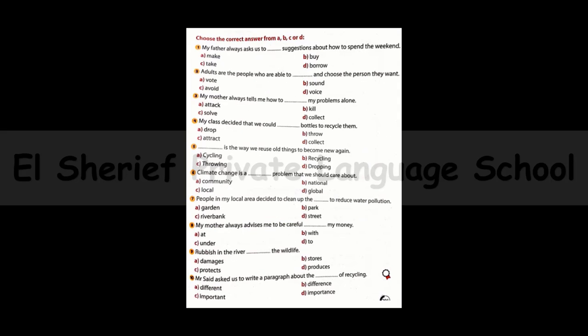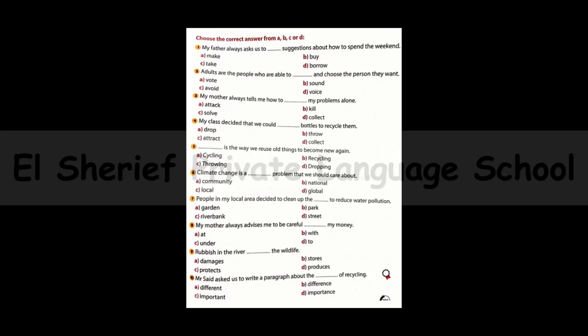Choose the correct answer from A, B, C, or D, and this is a vocabulary area. My father always asks us to make suggestions about how to spend the weekend. So it will be, yes, my father always asks us to make suggestions about how to spend the weekend.